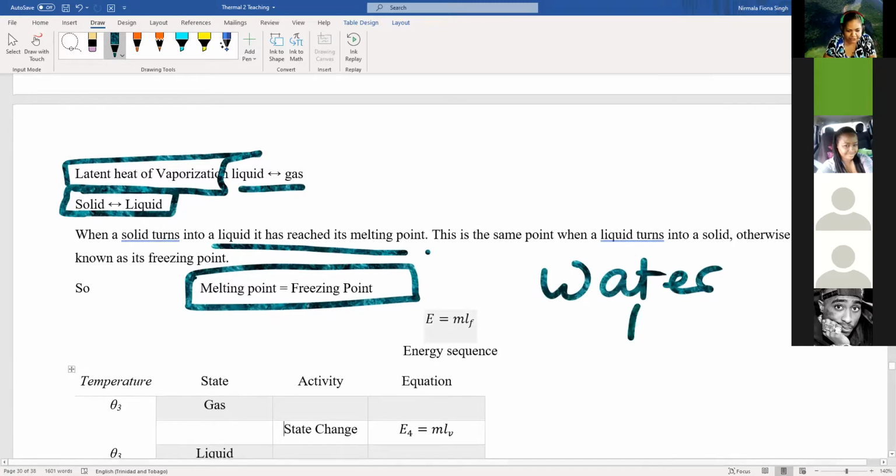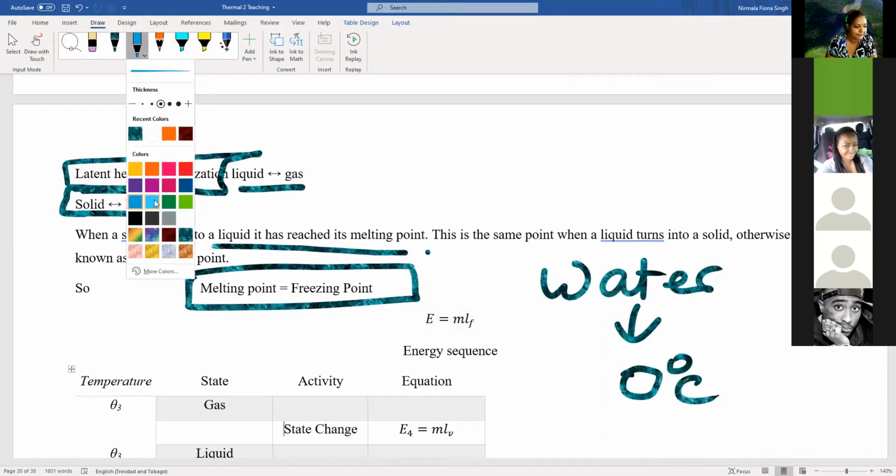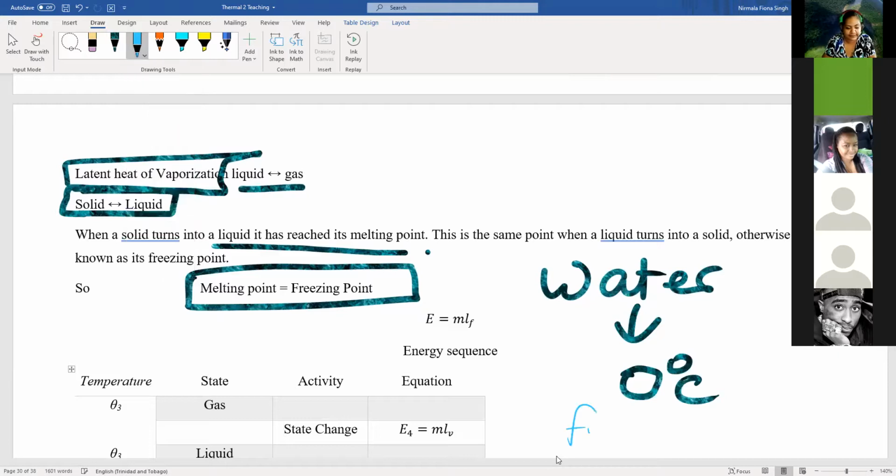At what temperature does water freeze? 0 degrees Celsius, right? Water freezes at 0 degrees Celsius. And at what temperature does ice start to melt? 0 degrees Celsius.